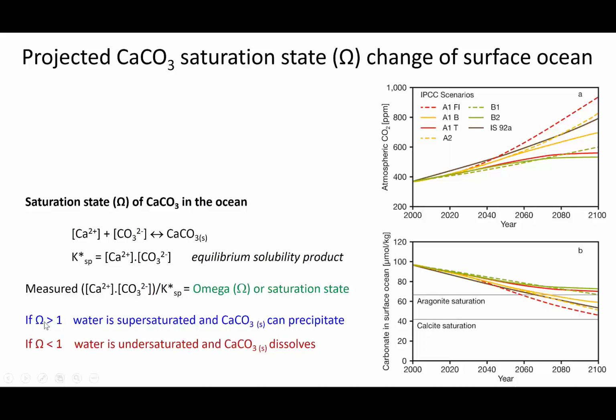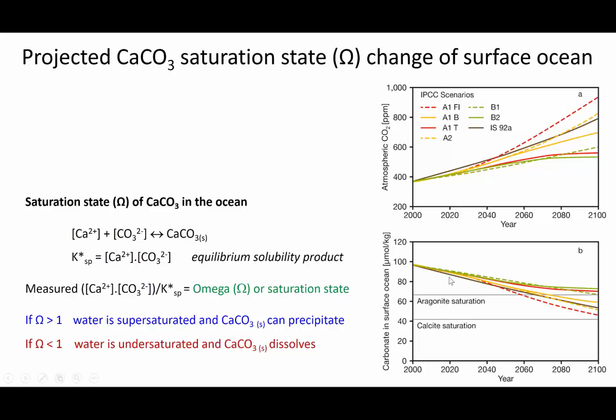If this value is greater than 1, i.e. when carbonate ions are high, this value of omega is going to be higher. Water is supersaturated and calcium carbonate can precipitate. When carbonate ions are low, then the omega value can be less than 1 and the water will be undersaturated and calcium carbonate will dissolve.